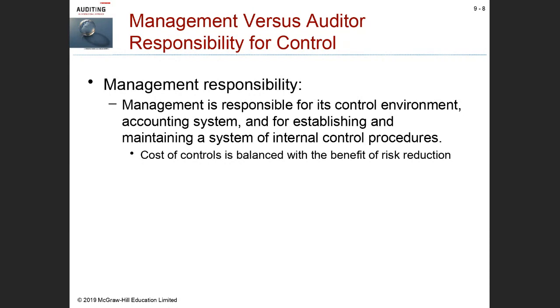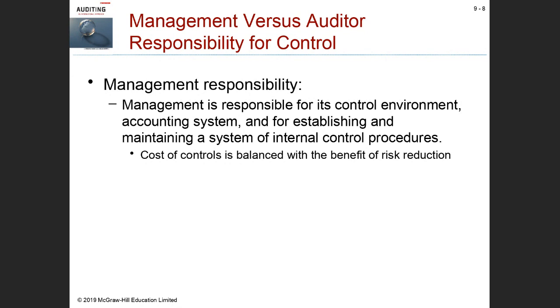Now, when management makes its decision about which internal controls they're going to put in place, they're going to say, what is the benefit of having that internal control in place versus what is the cost? So management may say, yes, we do not want our inventory to be overstated, so here's an internal control that could address that issue, but is the cost of having that internal control in place greater than the benefit achieved?